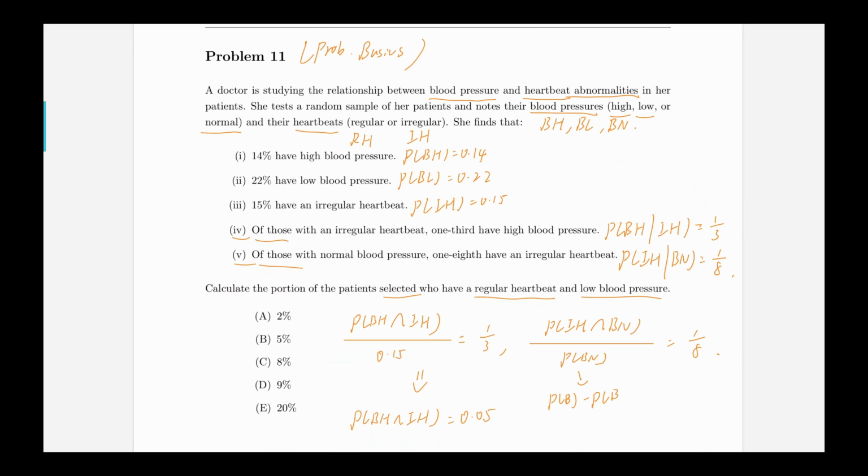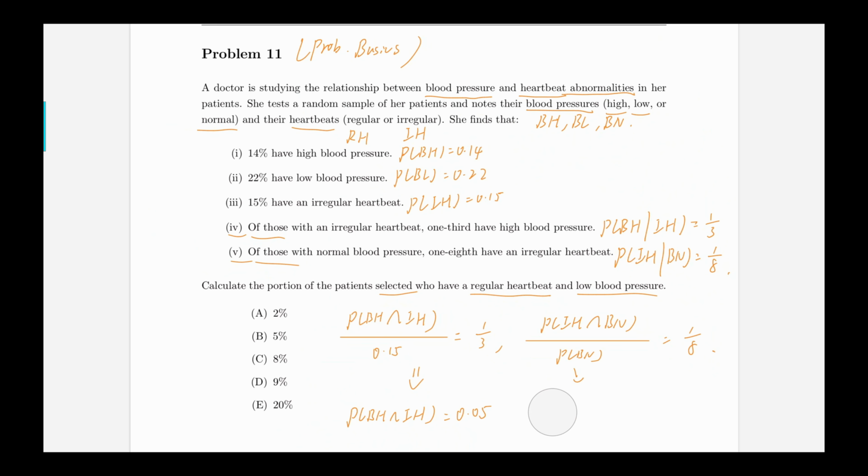Actually, what was I doing? I didn't mean PB. So it's just the total probability minus all the others: minus BH and minus BL. And that's the BN, because all the patients are categorized, so in terms of blood pressures, there are only 3 kinds. So this is 1 minus 0.14 minus 0.22. Okay, and that equals, I think, 0.64.